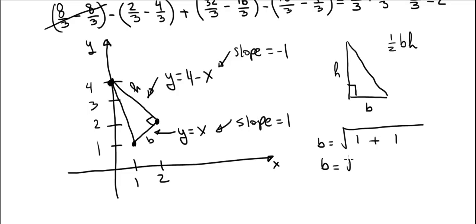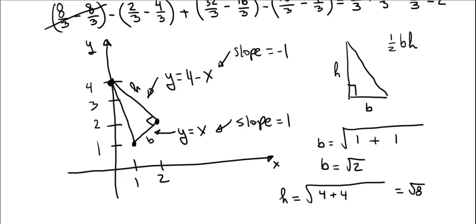B is equal to square root of 2. And then H is the distance from the point (2, 2) to the point (0, 4). So that's equal to the square root of (2 minus 0) squared, that's 4, plus (2 minus 4) squared, that's also 4. So this is equal to square root of 8.